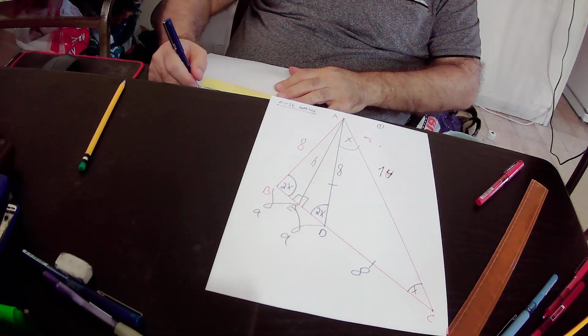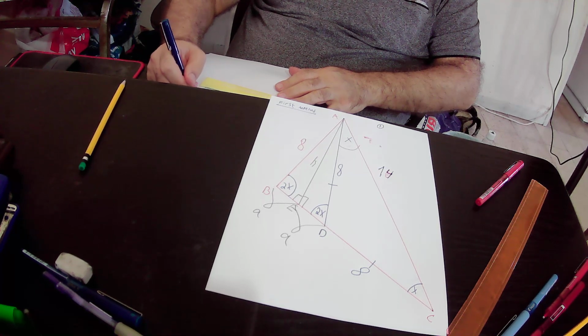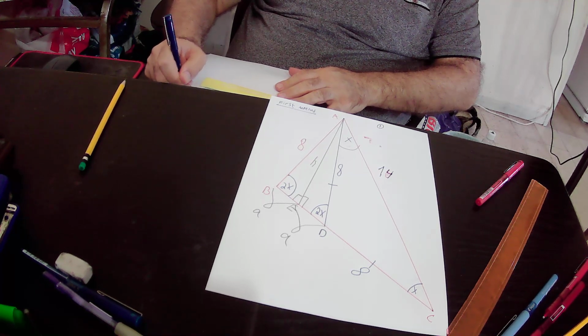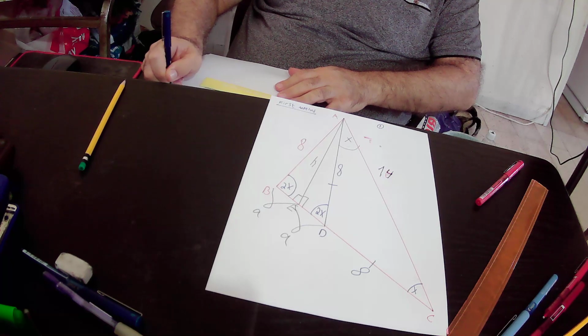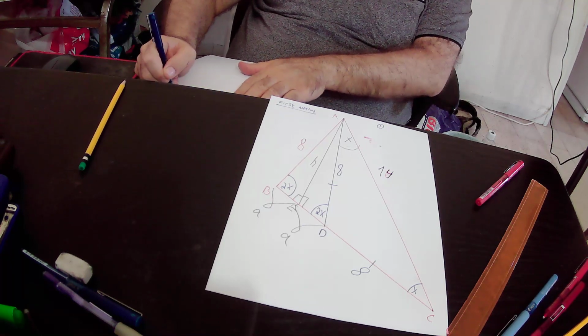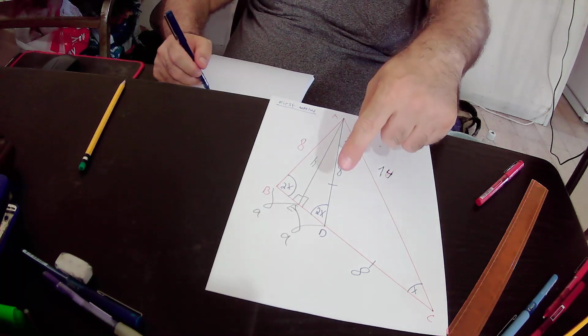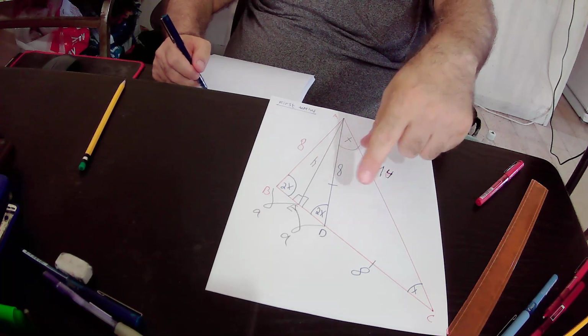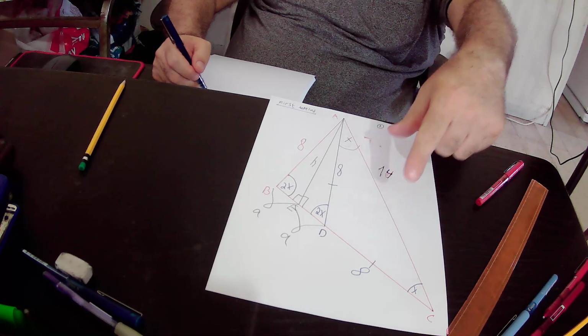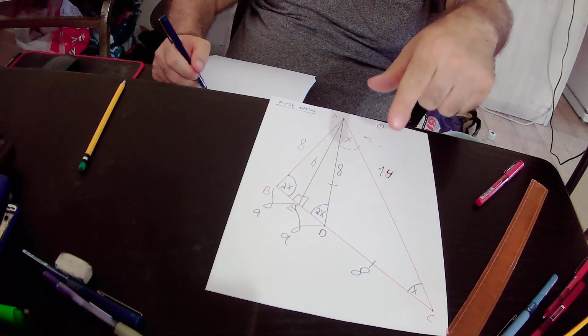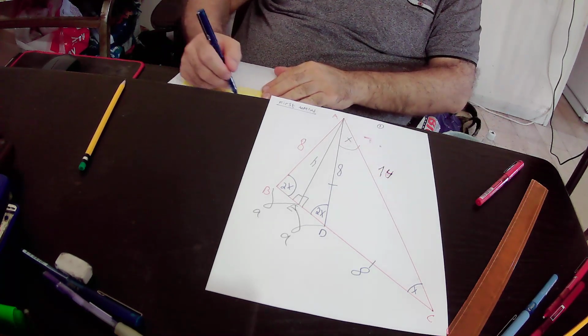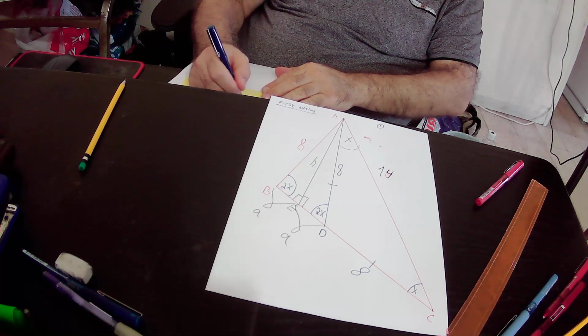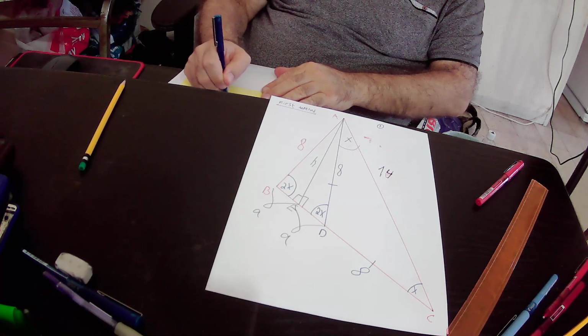Because one of the angles of triangle AEC equals 90 degrees, triangle AEC is a right triangle.